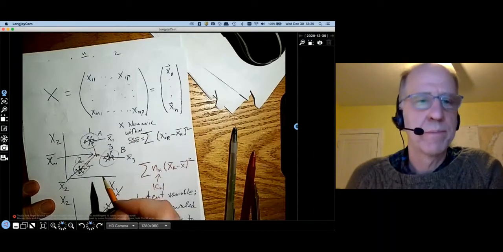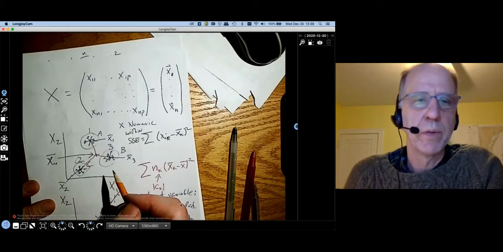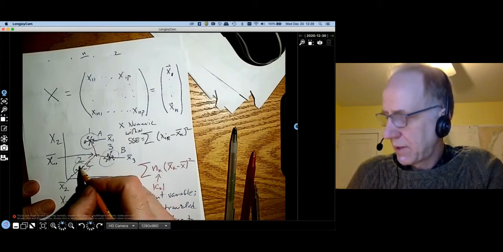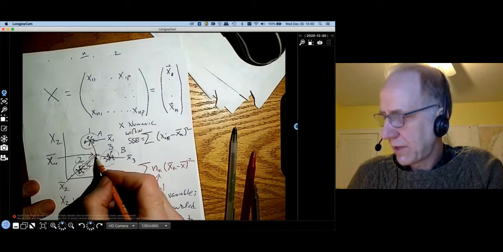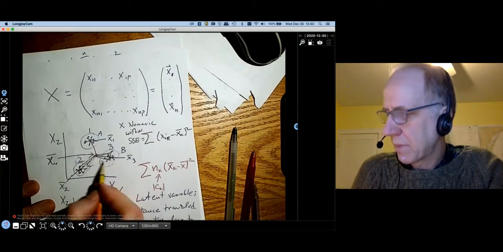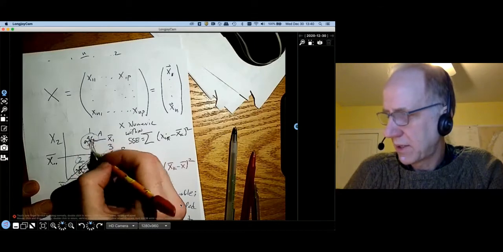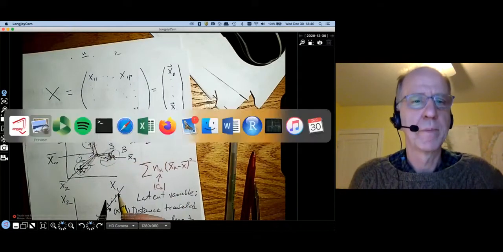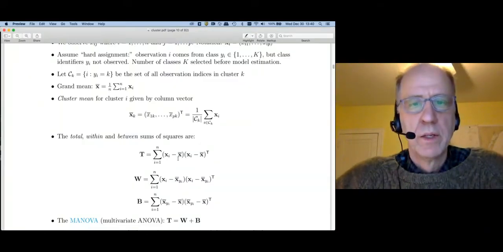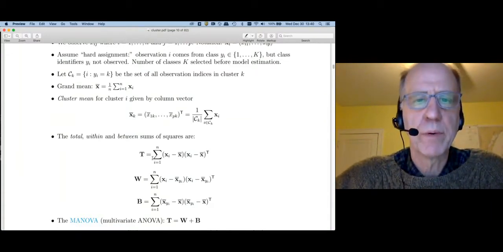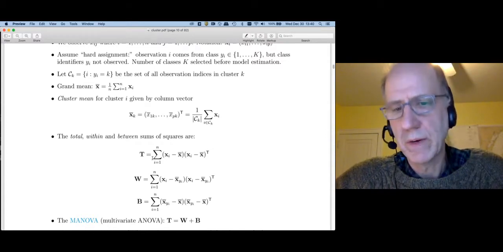You're not going to be able to tell the difference probably between the red and the blue and all that. But the difference from every observation to the grand mean is going to be the SST. So we have the three sums of squares. If that's not clear, go watch my review of one-way ANOVA.